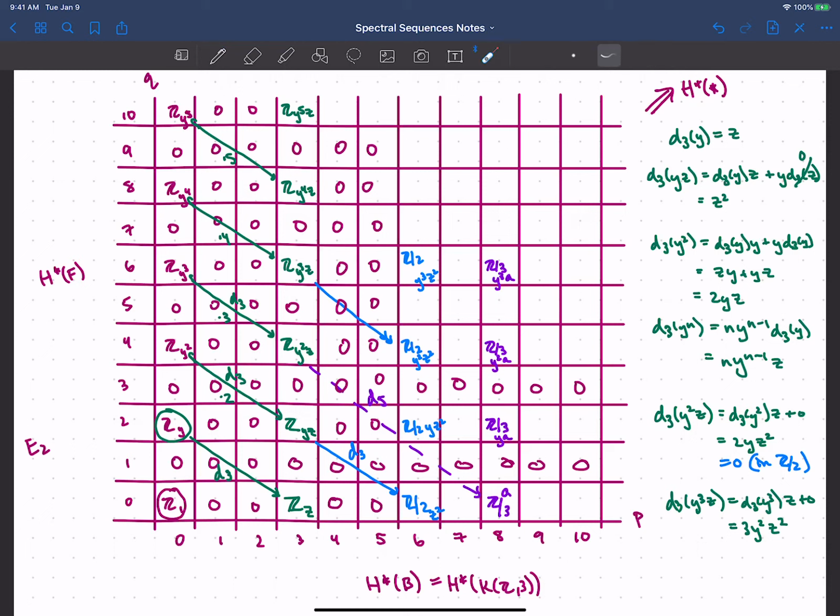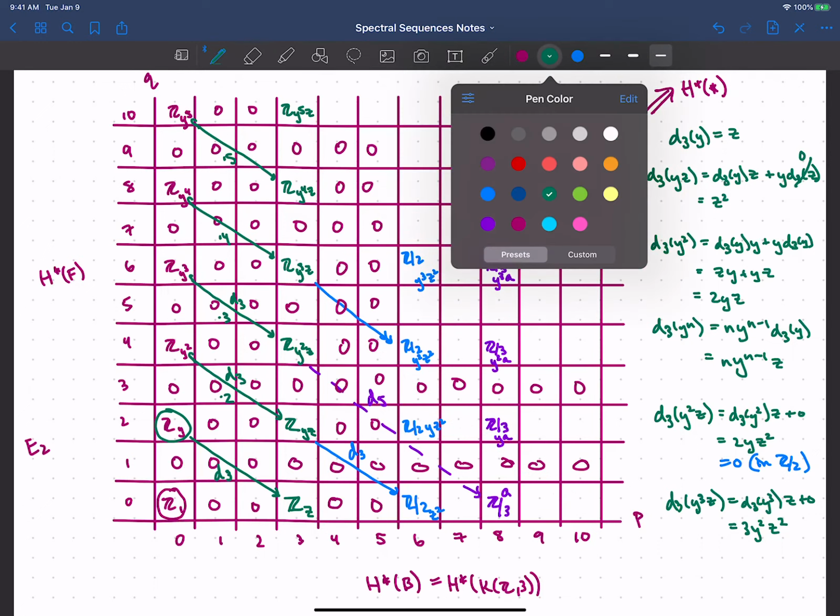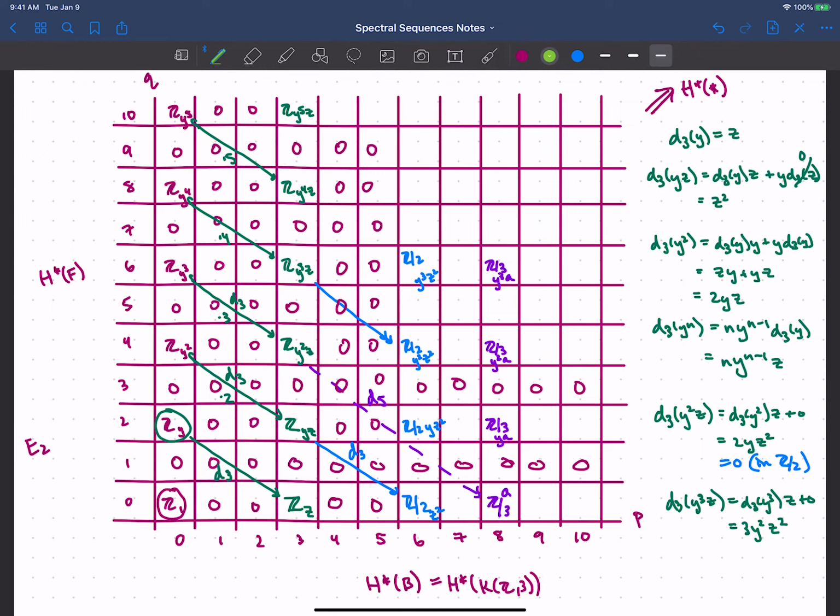Okay, where were we? This can support a D3. It does. D4 would be 0. D5, well, I'd only have a z mod 2 left, and it can't map to that z mod 3. D6 is 0. D7, okay, so there must be, in yet another color, a z mod 2 here.